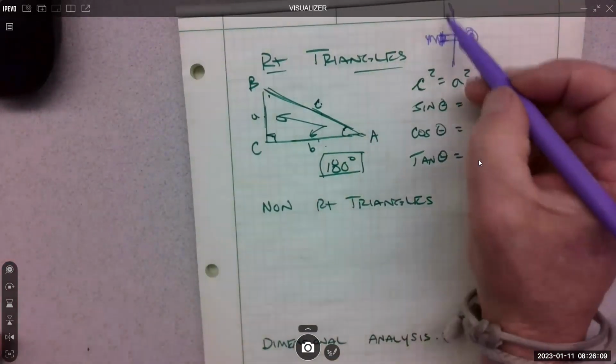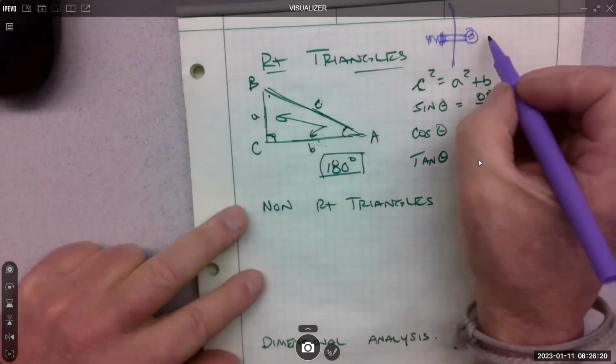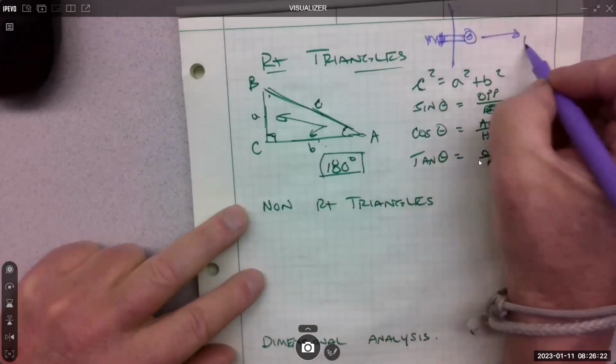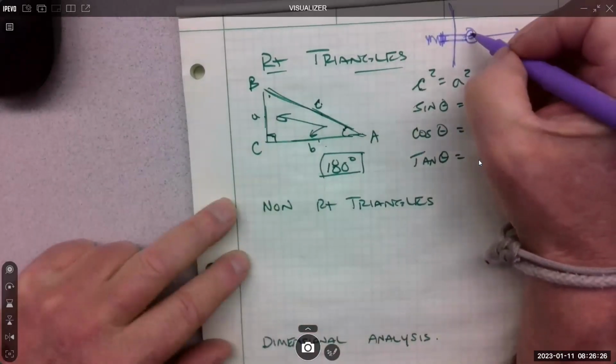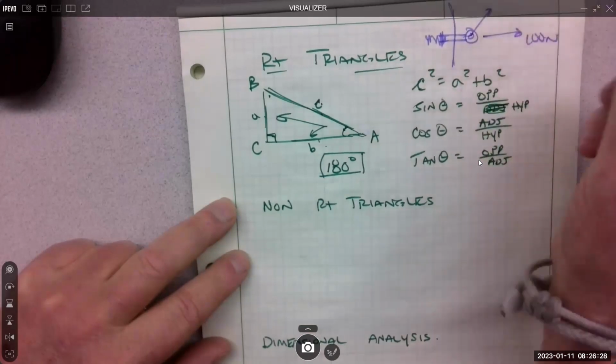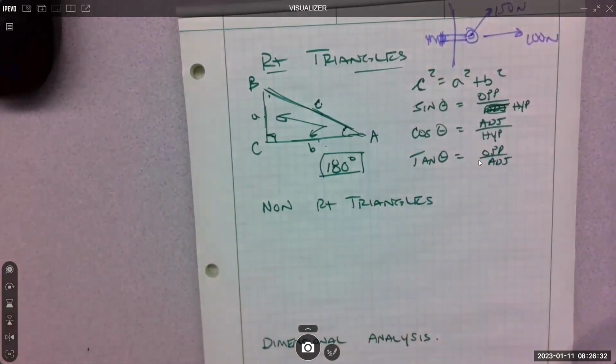So this is my wall. This eye bolt is screwed into the wood or it's anchored into the concrete. Somehow it's hard attached, right? And I have 100 newtons pulling in one direction, and then I have 150 newtons pulling in another direction.